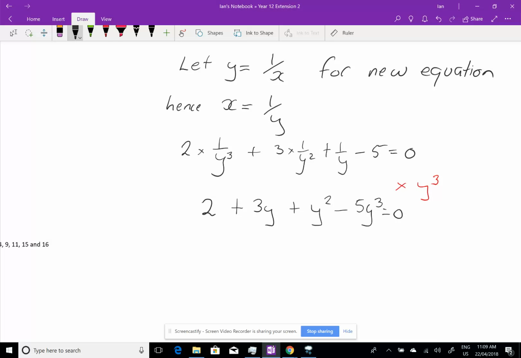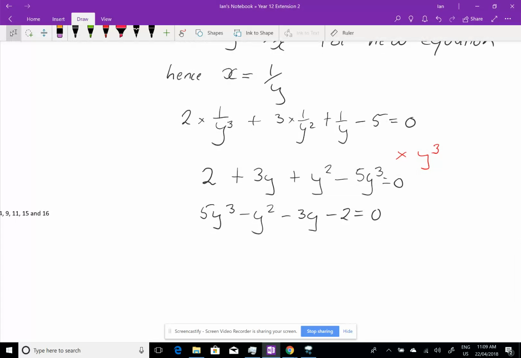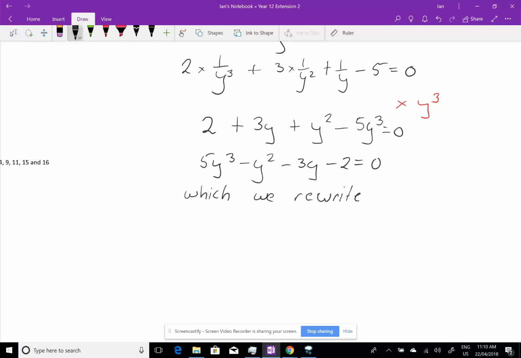Now, if I take everything over the other side, I'll get 5y cubed minus y squared minus 3y minus 2 equals 0, which, if we rewrite this as an equation with x's, because it's the equation that has reciprocal roots, is 5x cubed minus x squared minus 3x minus 2 equals 0.